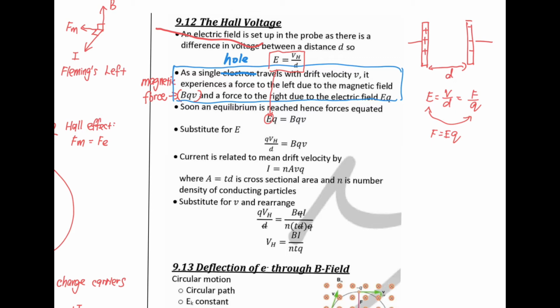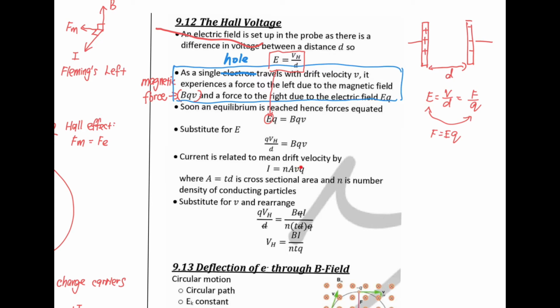Current is related to mean drift velocity. So I equal to NAVQ. Okay, so this is the formula that contains the drift velocity, how fast the positive charge moves in the electric field.